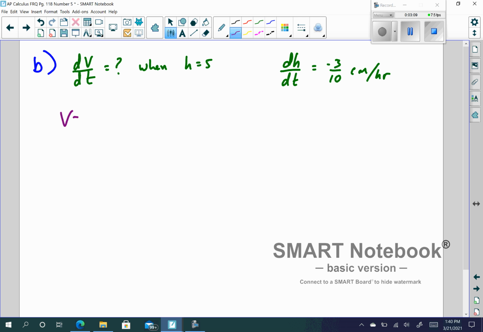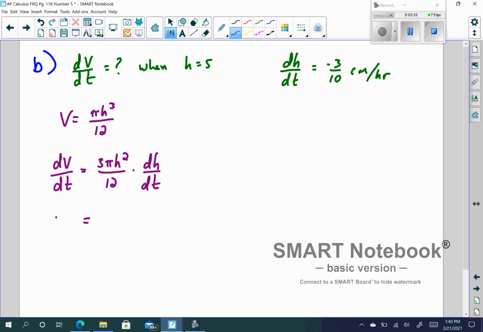So the volume we came up with, we're going to go back to before we substituted in the 5, because that was only the question for part A. We came up with pi h cubed over 12. So we know that dV over dt is going to equal 3 pi h squared over 12 times dh over dt.